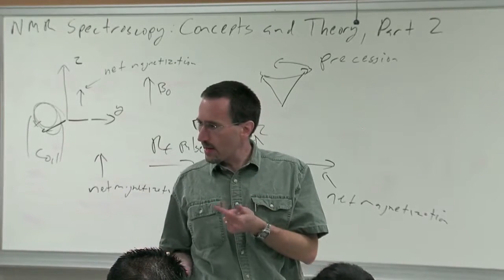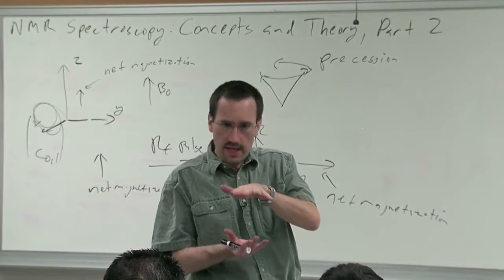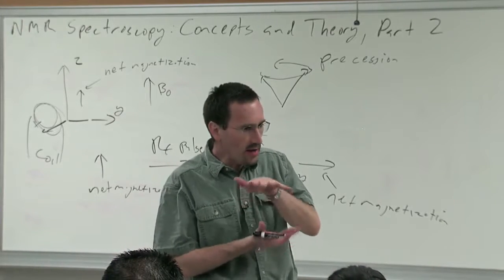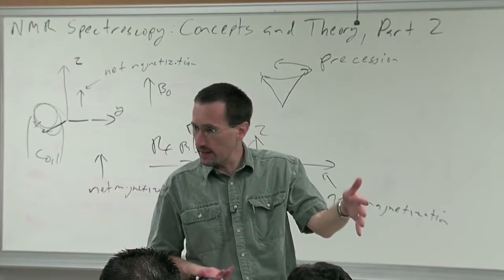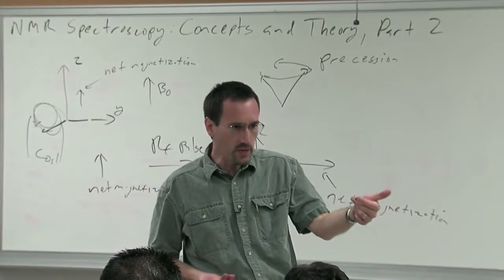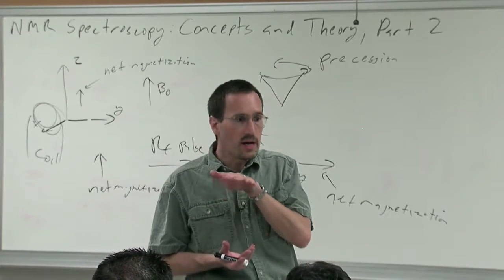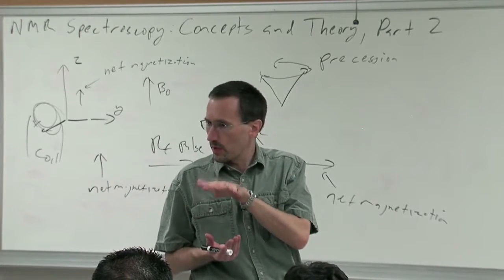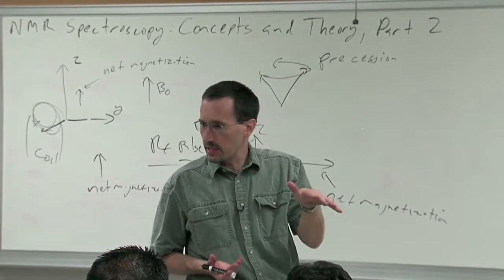Now, think about what I said before in the equation relating the Boltzmann distribution to the energy difference. And remember how the magnetogyric ratio for carbon was 1/4 the magnetogyric ratio for protons. That means that roughly the Boltzmann distribution is going to be a quarter as big on differential population for carbon as it is for protons.